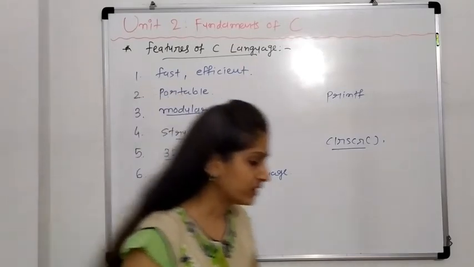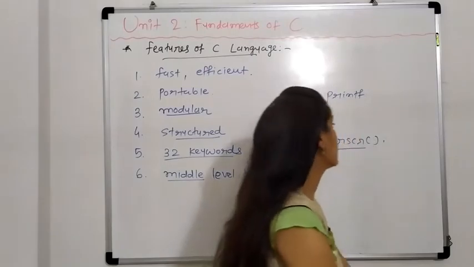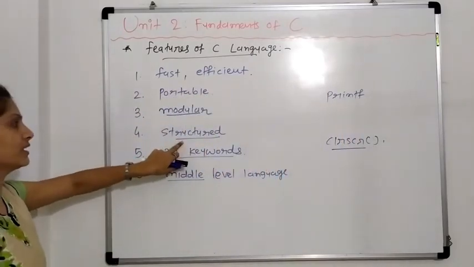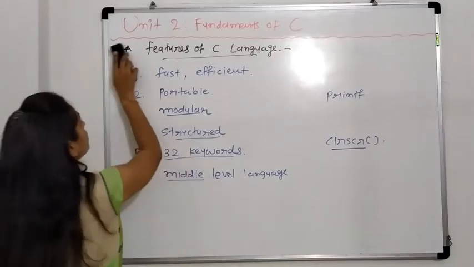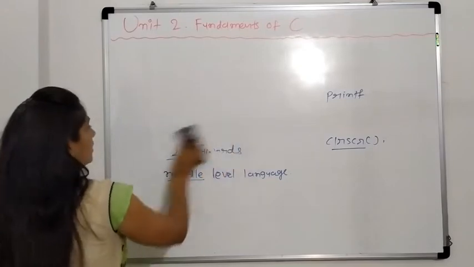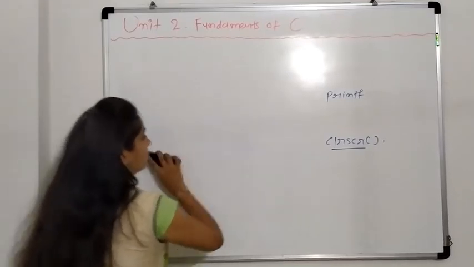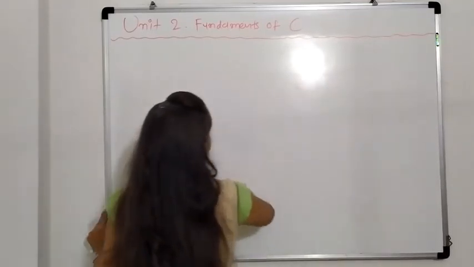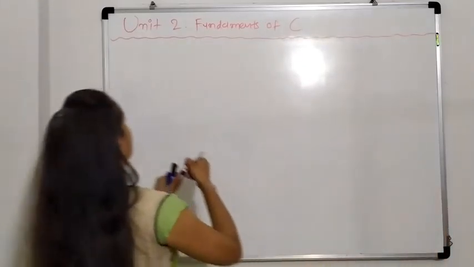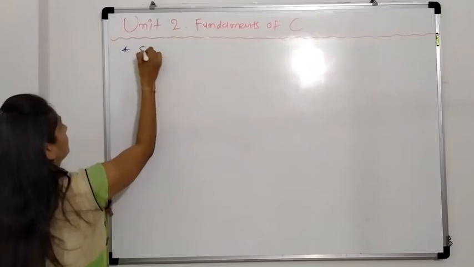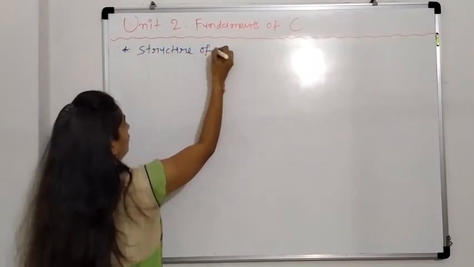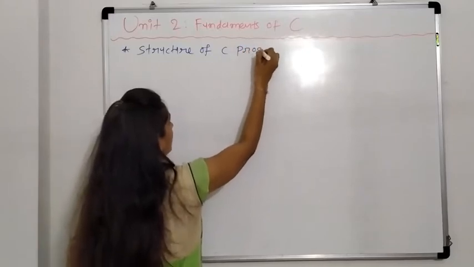So now start with the block diagram, that is the structure of the language. Why this structure language? That is our question. The most important question for the second chapter is the structure of C program.